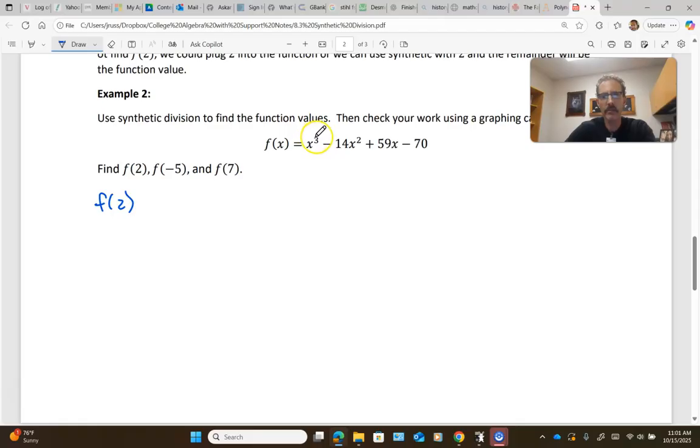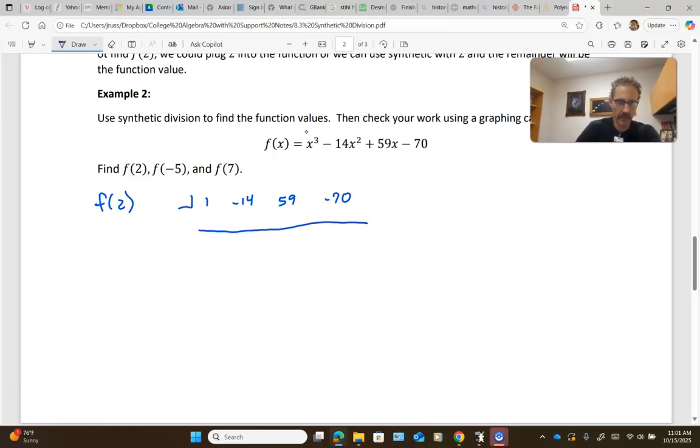So I'm going to make sure that my polynomial is in descending order, which it is. There are no missing terms, so I'm going to go ahead and copy a row of those coefficients, 1, negative 14, 59, and negative 70.